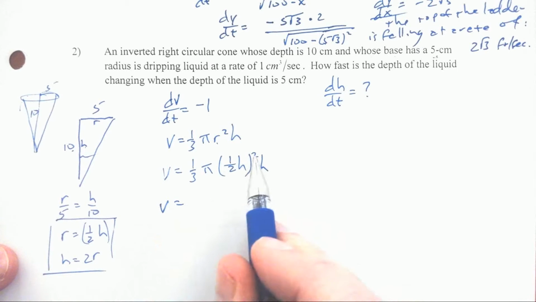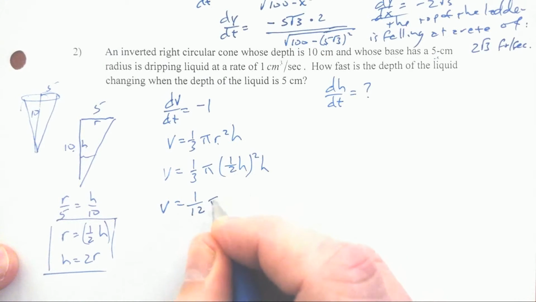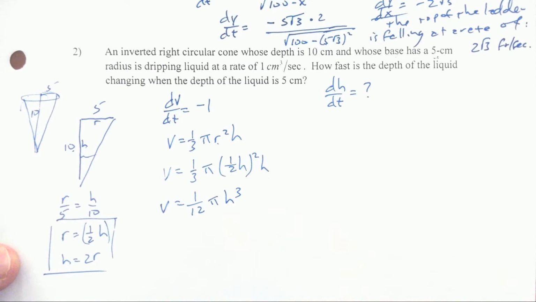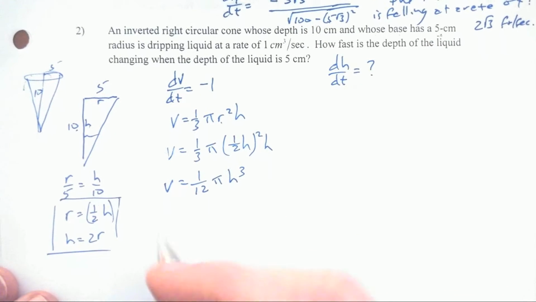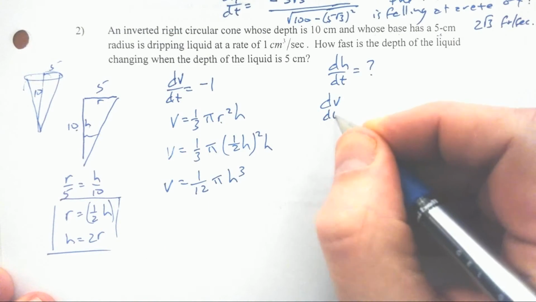Volume is, when I square 1/2, I get 1/4 times 1/3, 1/12. I have a pi that lives on H squared times H, H cubed. So there's volume in terms of height. And now I can go to dV/dt.